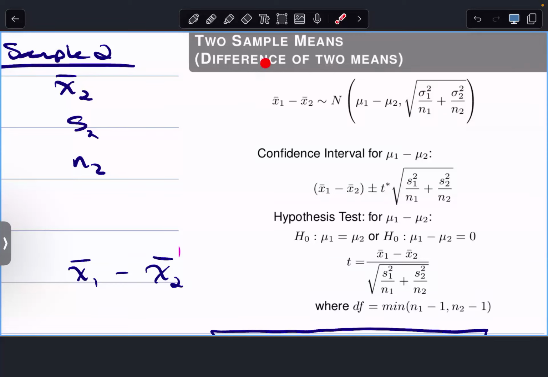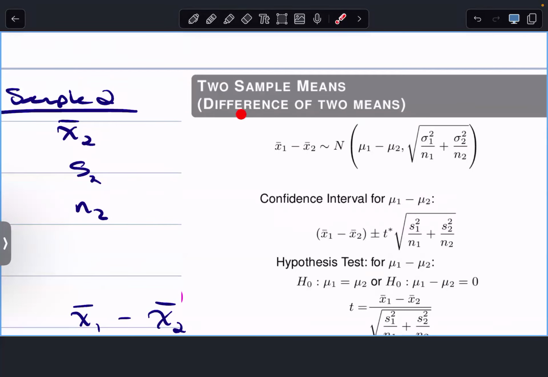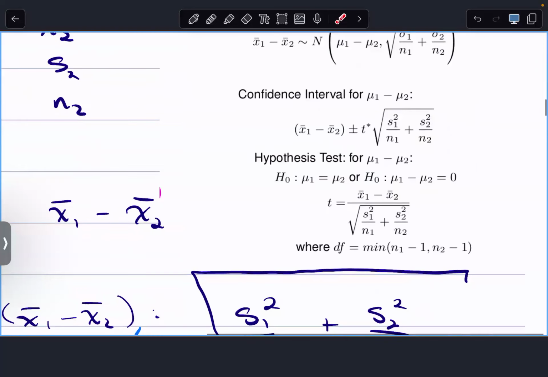But just as a reminder, right? So here we have two sample means. I often emphasize that they are two independent sample means, but you can just call it two sample means. We're analyzing the difference of two means, right? And so here we've got our confidence interval. I'm concerned about the confidence interval for mu1 minus mu2, and then my point estimate, my critical value, and the standard error of the point estimate.